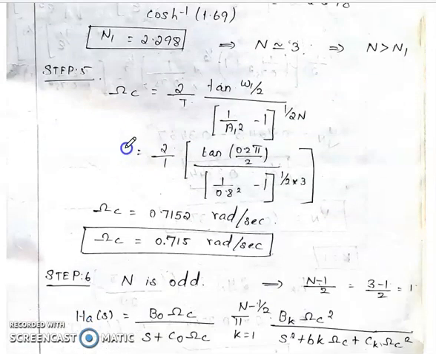Then we have to calculate the cutoff frequency by the technique of bilinear transformation. So omega c is equal to, we take the formula 2 by T tan of omega 1 by 2 times 1 by (a1 square minus 1) to the power 1 by 2. So the cutoff frequency will be 0.7152 radians per second.